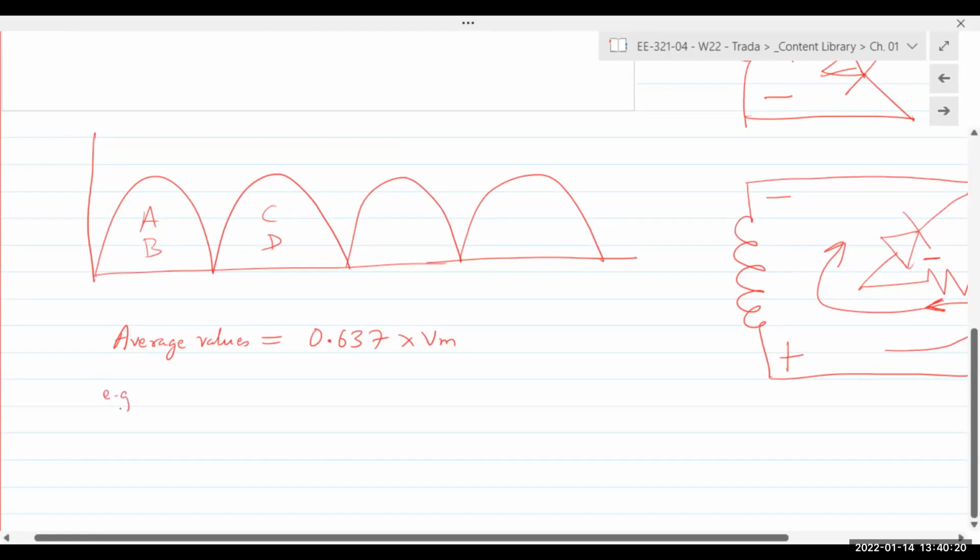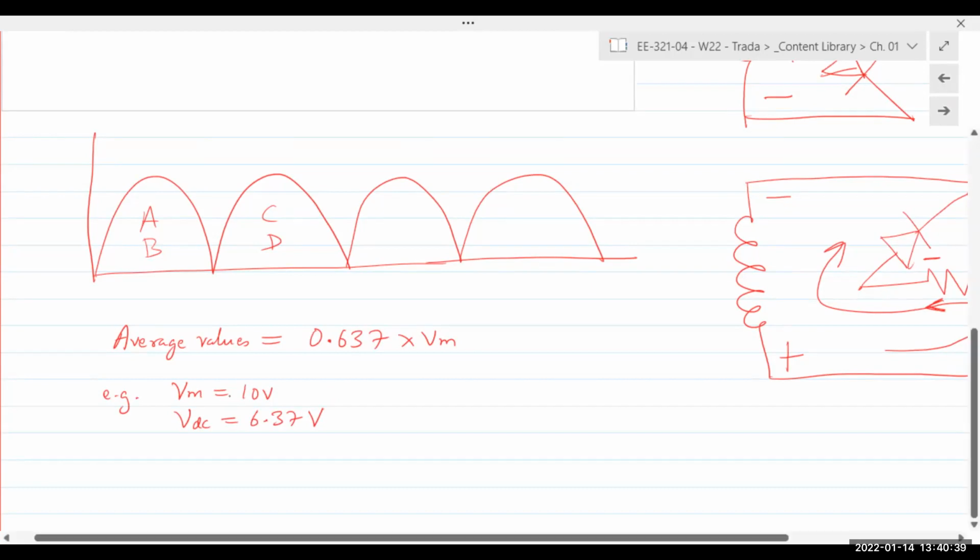So as an example, if your VM is 10 volts with a full wave rectifier, your DC voltage can be 6.37. Whereas with the half wave, it was only 3.18, right? Half.